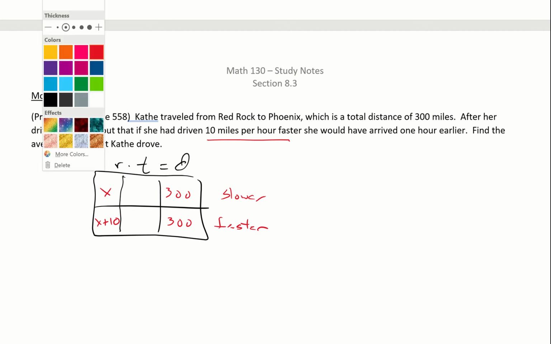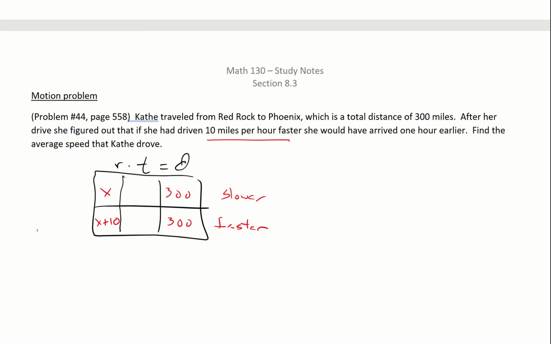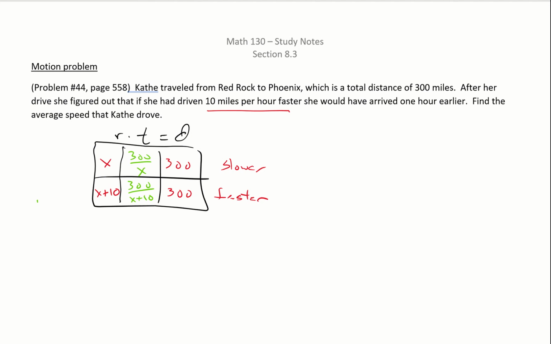Okay, so now here's the tricky part. You ready? Here we go. Time is distance over rate. Time is distance over this rate. Those are the times. Now, they had something to say about the time. Slower and faster trip, as if in her mind she did a faster trip, right?